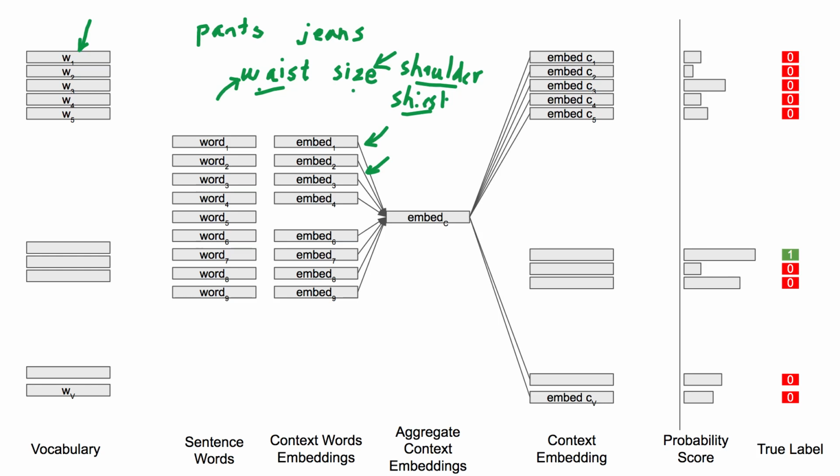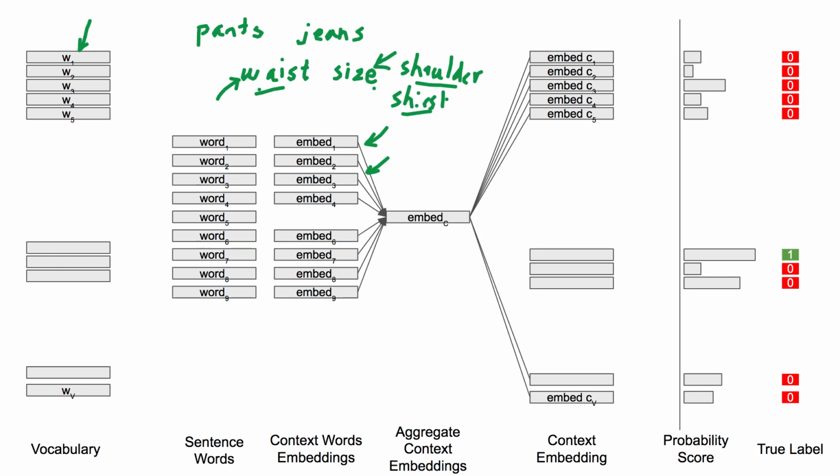So what would happen is, while pant and jeans, so this can also be only pant, only jeans, these two vectors typically have a much stronger association with waist, so they start moving closer to each other. The vector representation of size, although it also occurs with waist very often, also occurs in other contexts.